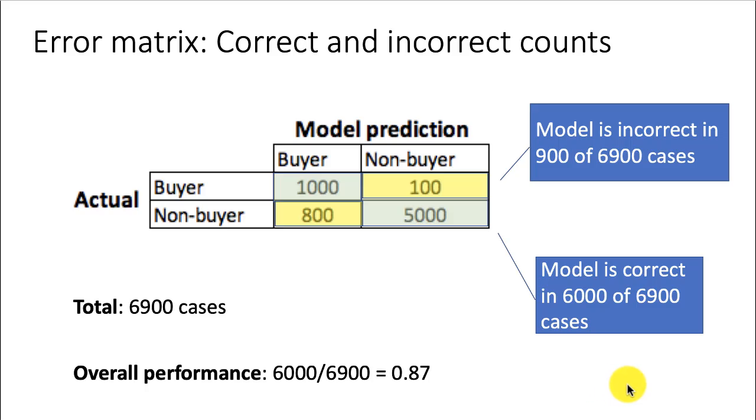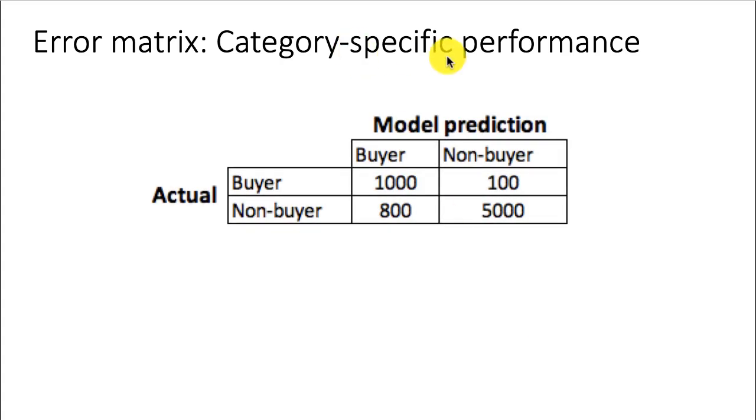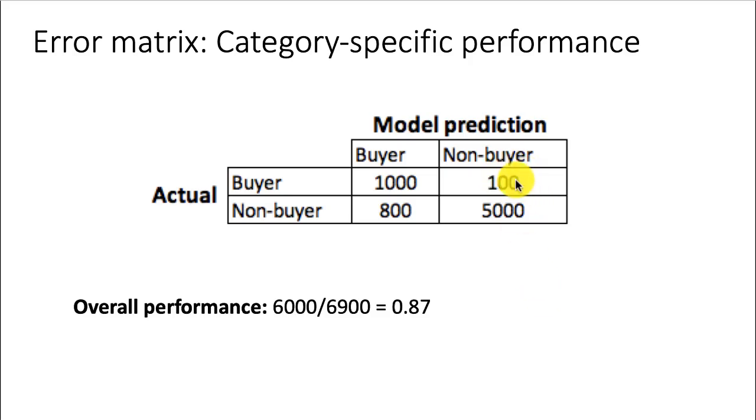But we might be interested in saying, okay, that's all great, but how accurate is the model when it comes to predicting just buyers or just non-buyers? Meaning, how does the model perform for actual buyers and actual non-buyers? Okay, so that's what we mean by category specific performance. So here we see that there is a total of 1,100 buyers, out of which the model is wrong in 100 cases.